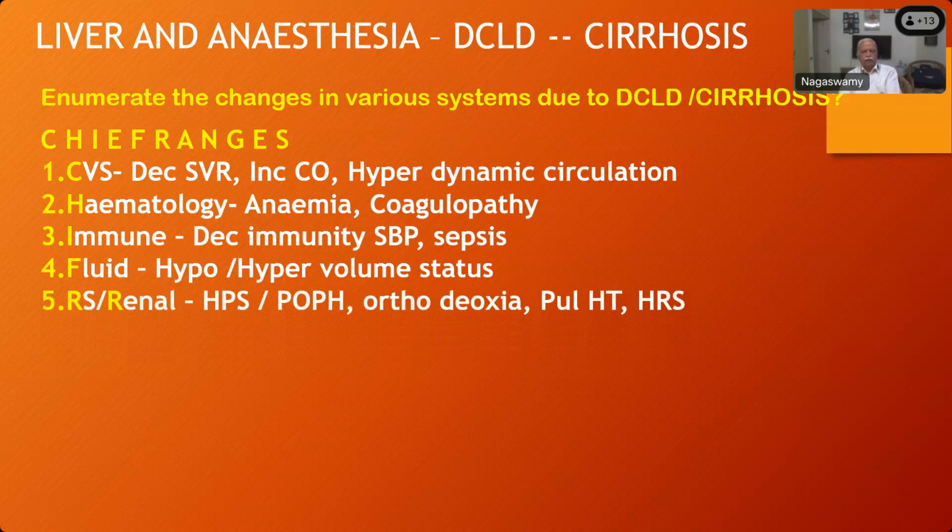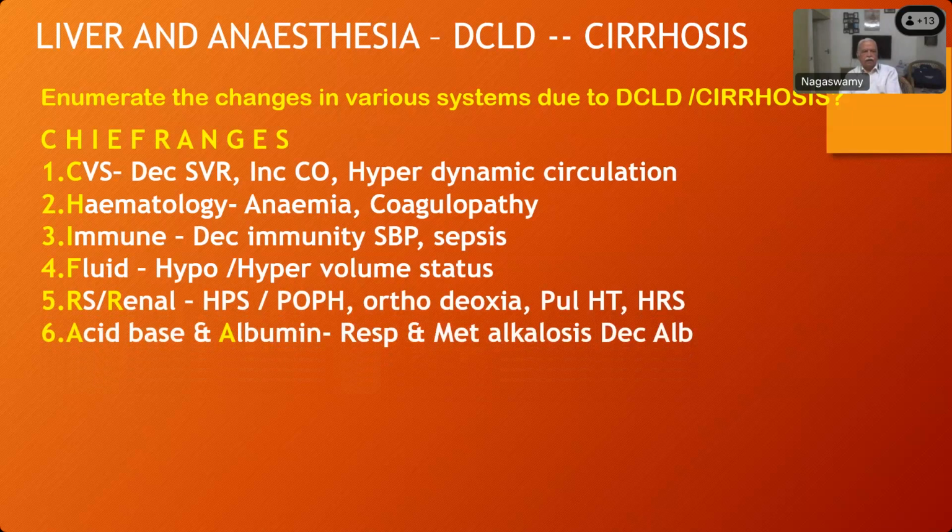These are the things that you have to remember with regard to the respiratory system. Whereas for renal, what is HRS? Hepatorenal syndrome. So these are the things that you have to remember for R.